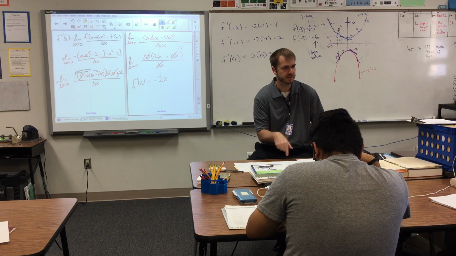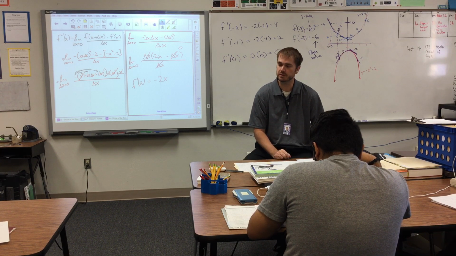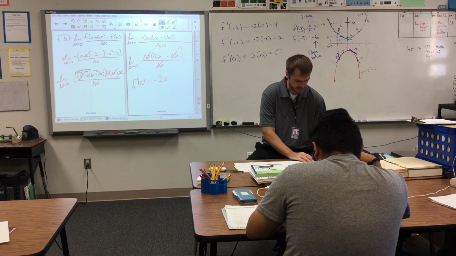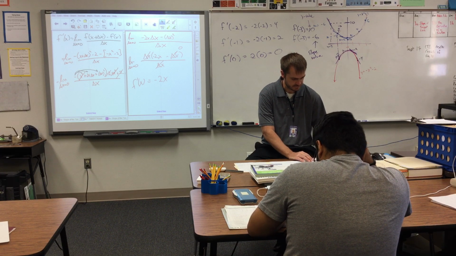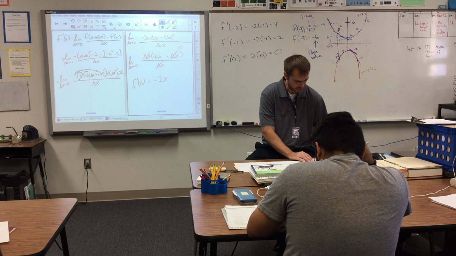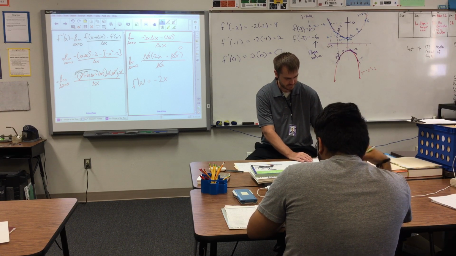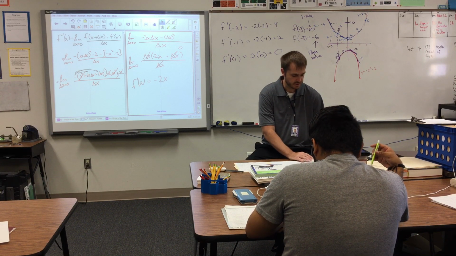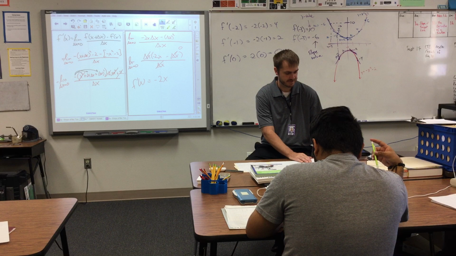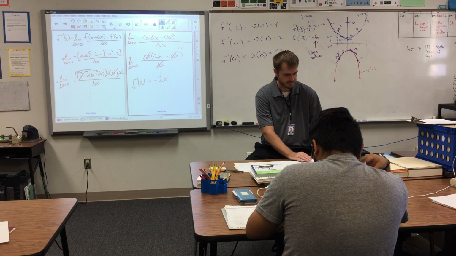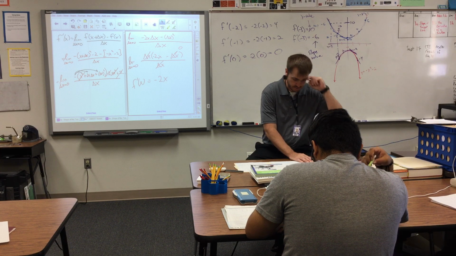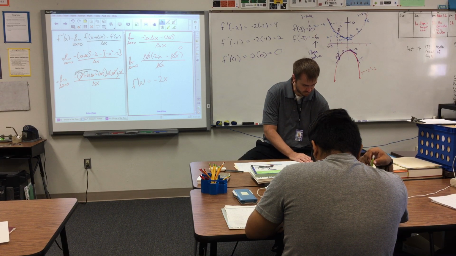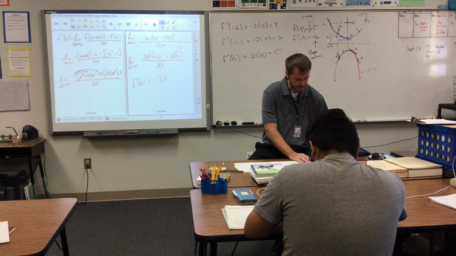Go ahead, Chloe, pick one. 6. Okay. Stephanie, pick one. 8. Jeremy, pick one. 9. Cody, pick one. 9. Has 7 been picked? 7 has not been picked. Emily, you're 3. Nick, you're 10.